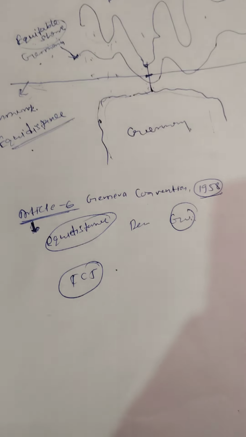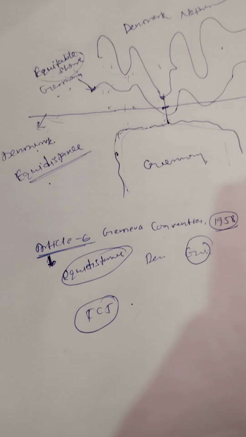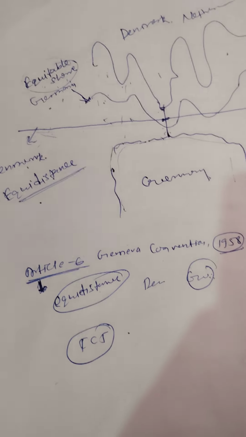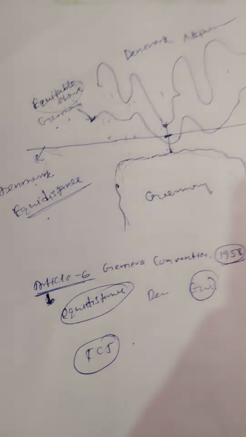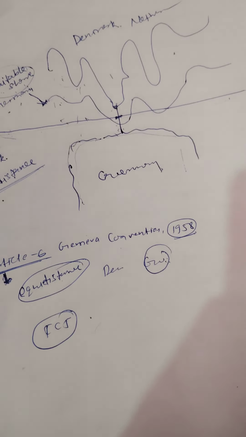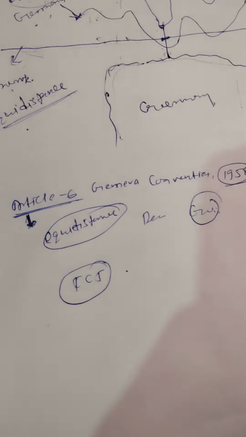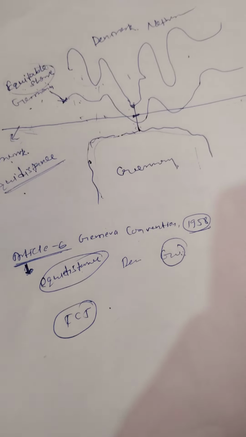So the ICJ gave the judgment in favor of Germany and said that the equitable share formula should be used to determine delimitation of the continental shelf in this case. So this was the fact and judgment of the North Sea Continental Shelf case between Germany and Denmark, Netherlands.